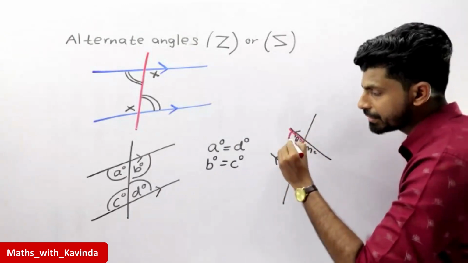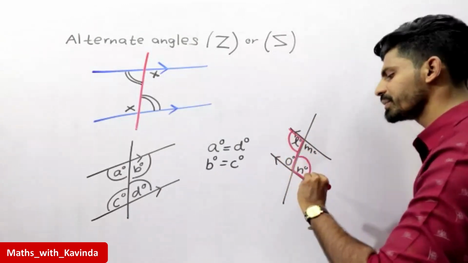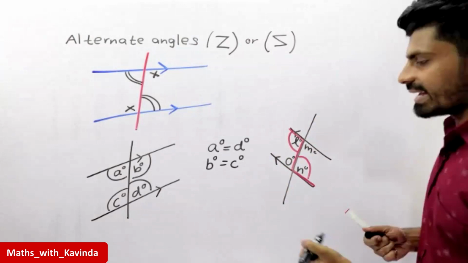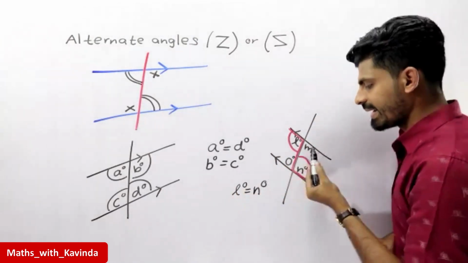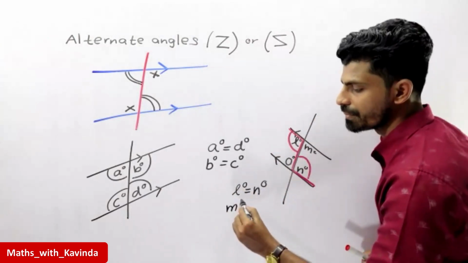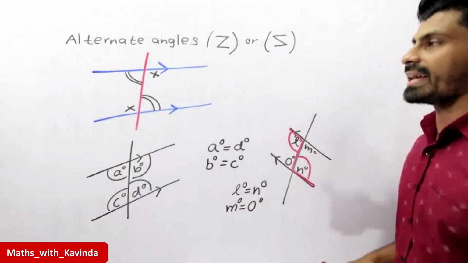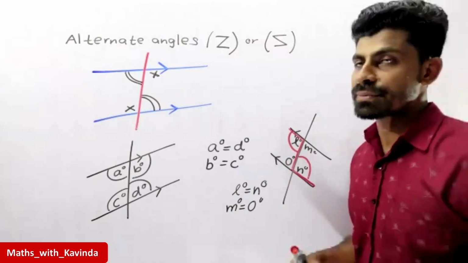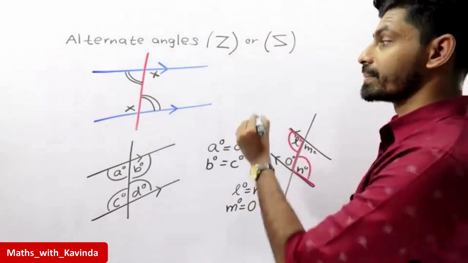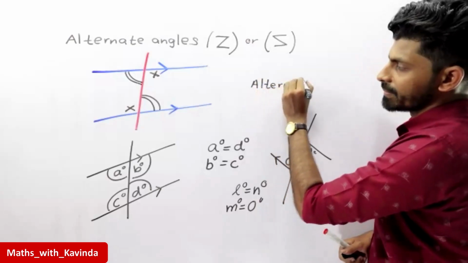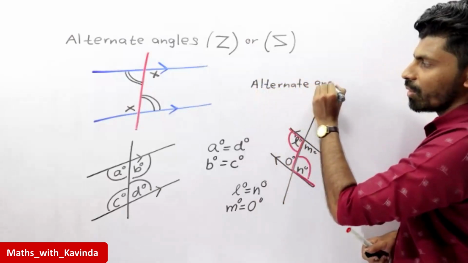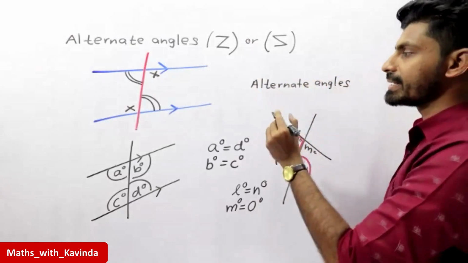L equals N and M equals O. So what is the theorem? Alternate angles are equal.